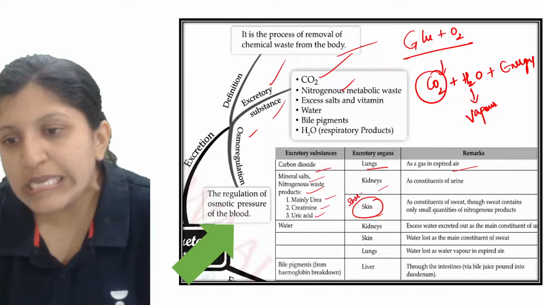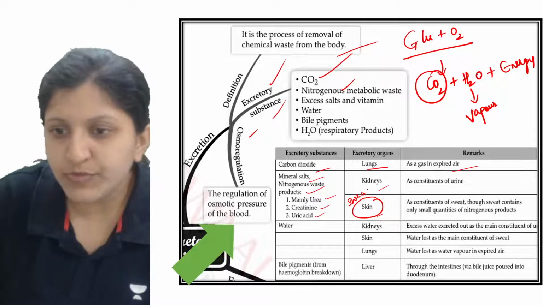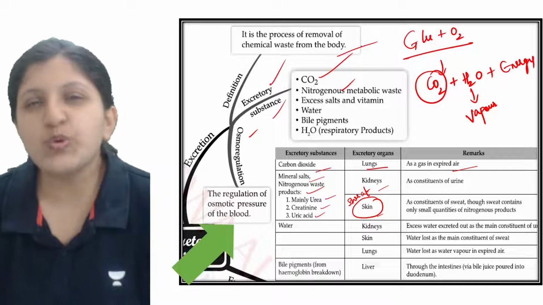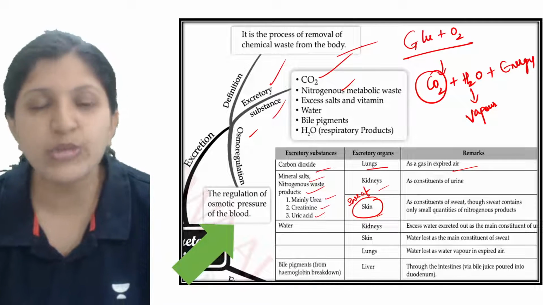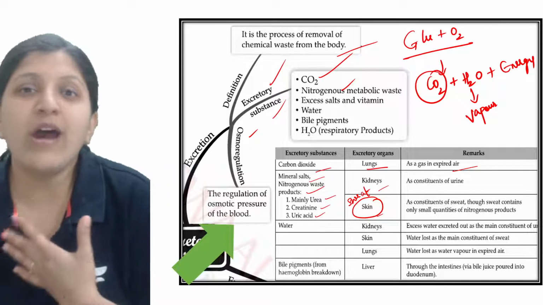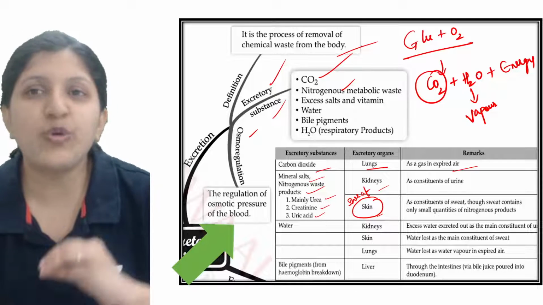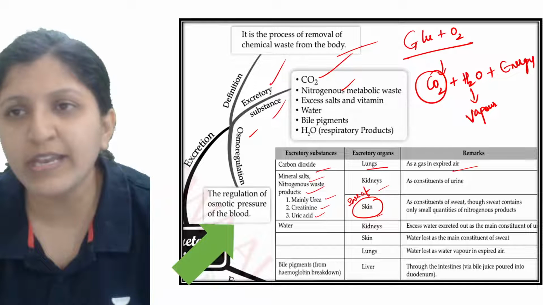Skin anyway we do not consider as an excretory organ. Basically the skin does produce sweat through the sweat gland, and a slight amount of urea removal does occur, and that's the reason some of the books will consider it an excretory organ itself.